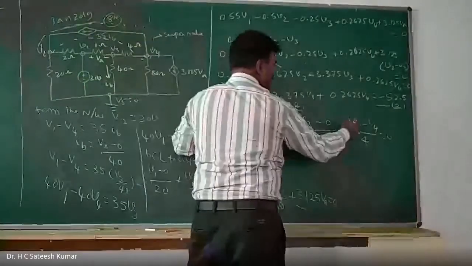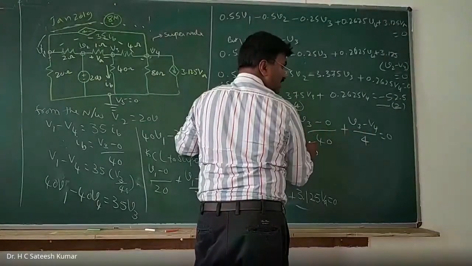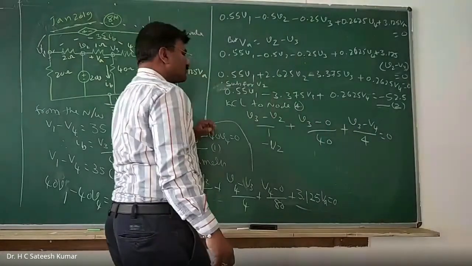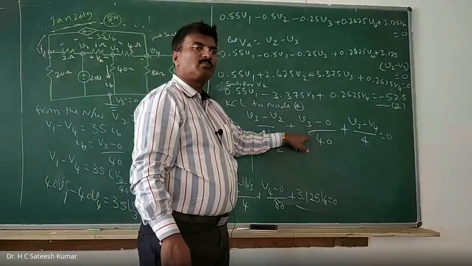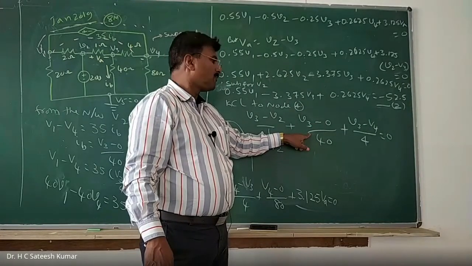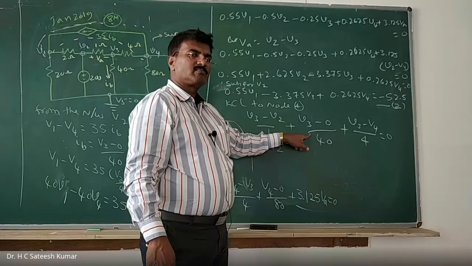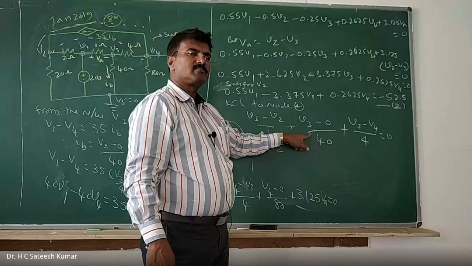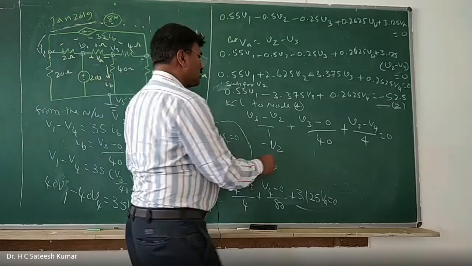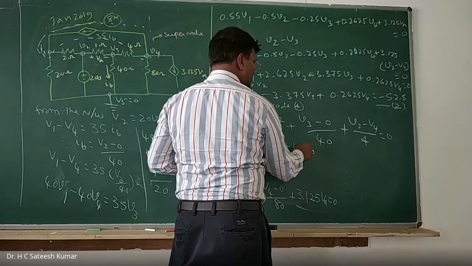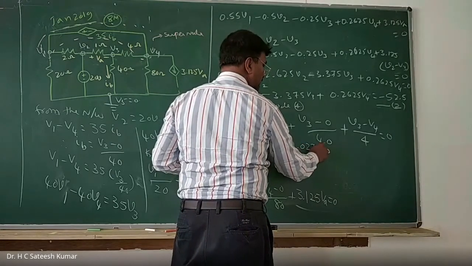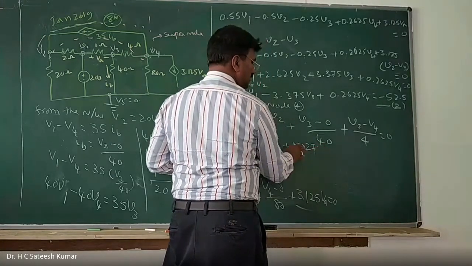1 by 4 is 0.25, 1 by 40 is 0.025. 1 by 4 plus 1 by 40 is 0.275.